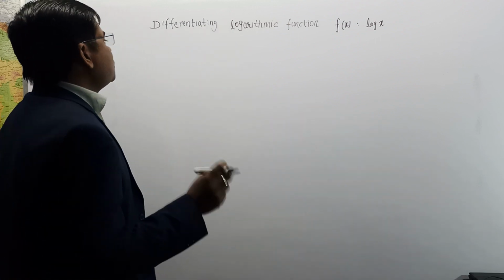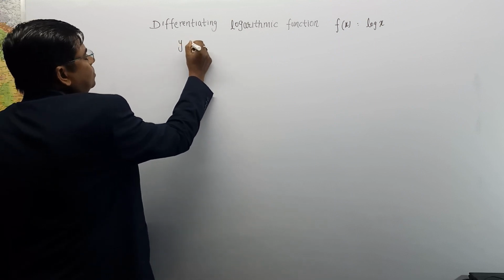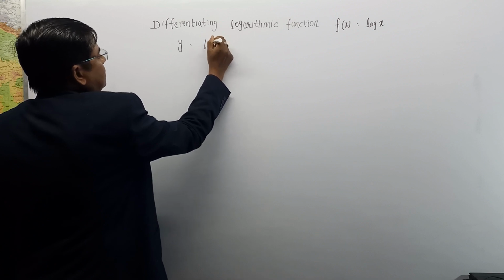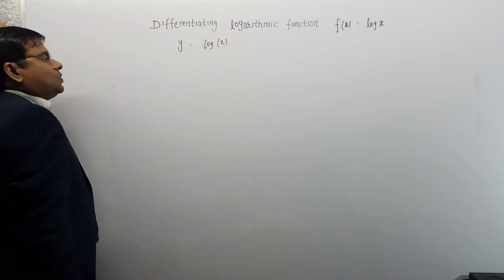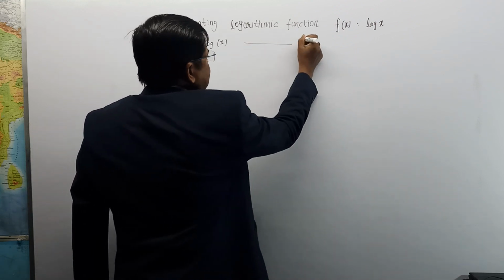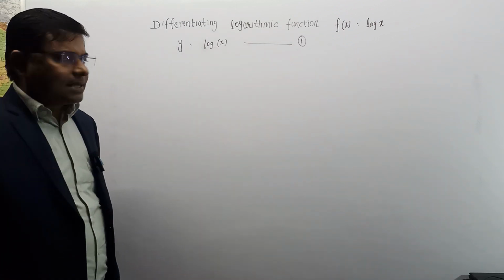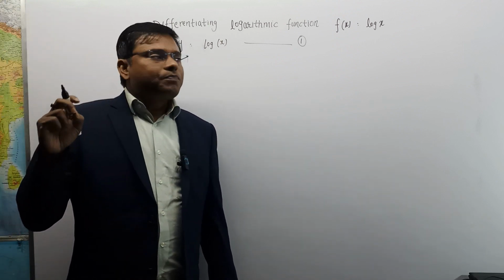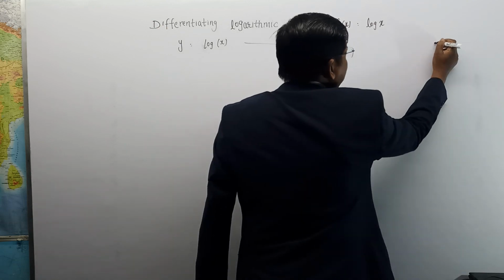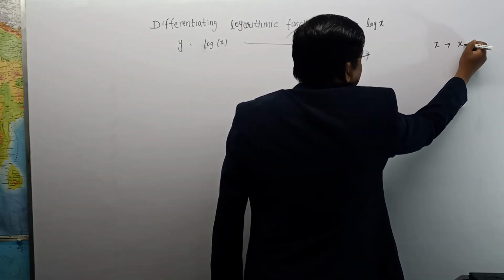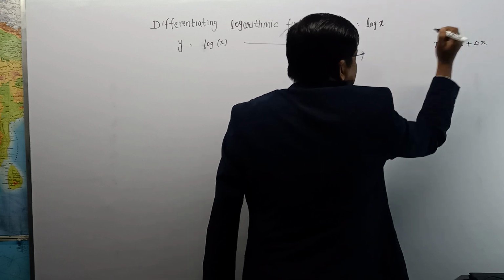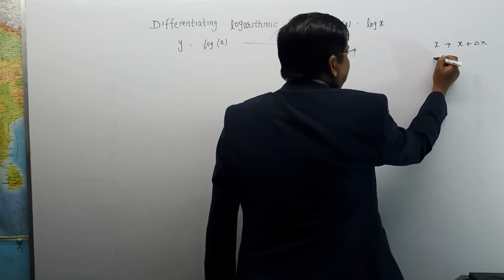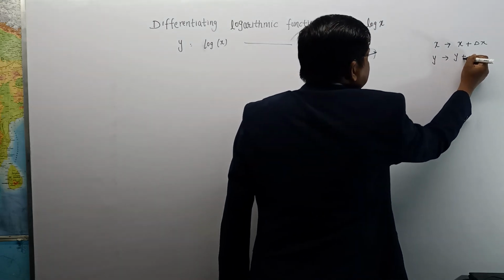चलिए स्टार्ट करते हैं पहले। सो सपोज y इज इक्वल टू f(x) इज log x। ओके, ये y इज इक्वल टू f(x) है एंड सपोज दिस इज इक्वेशन फर्स्ट। नाउ यहाँ पे जो आर्गुमेंट है वो है x। So suppose the change in argument x be delta x, so x becomes x plus delta x, and as x becomes x plus delta x, y becomes y plus delta y.